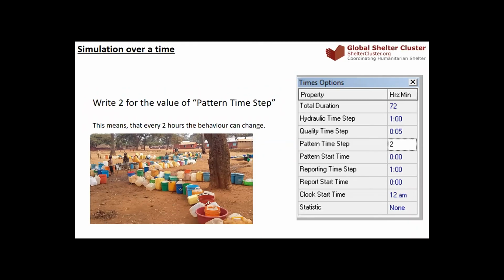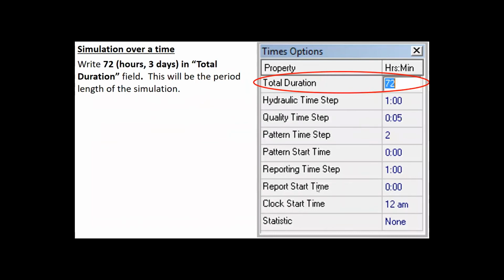If you write 2, like in this case, it means that every 2 hours you change the pattern. If you write 6, every 6 hours, and so on. And then above, total duration, you have to give the hours that you want to do the simulation. If you do 24 hours, it's just one day.